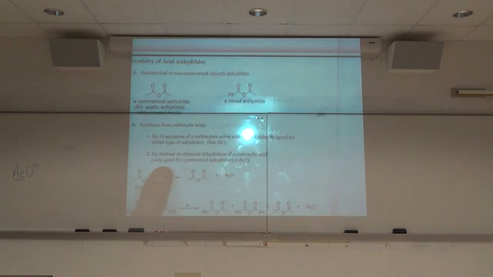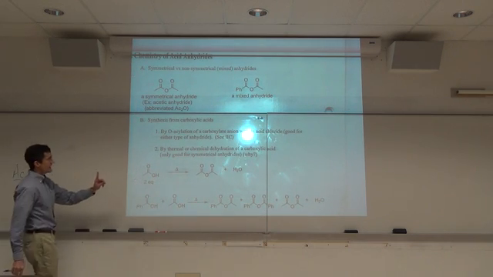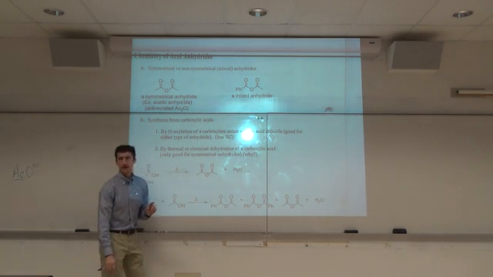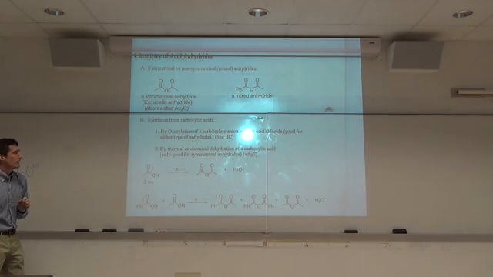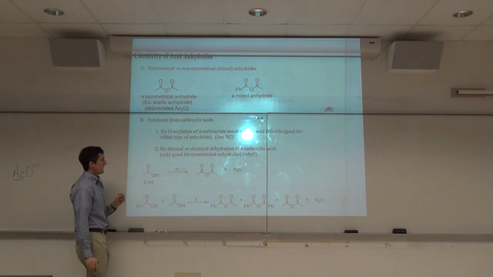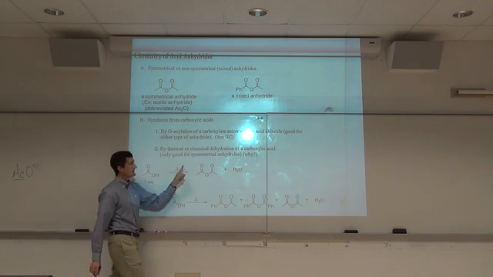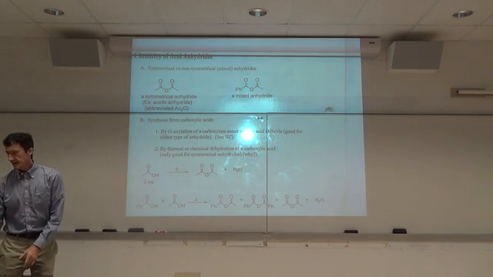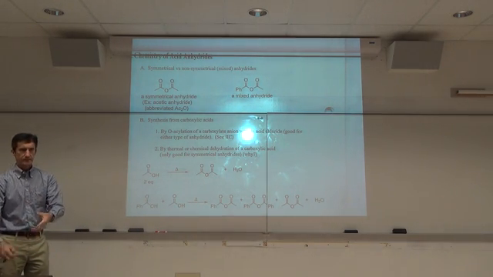Okay. Another way to make anhydrides is by thermal or chemical dehydration of a carboxylic acid. Now, it actually takes two equivalents. When I say a carboxylic acid, I don't mean one molecule of a carboxylic acid. I mean a carboxylic acid that's in a beaker.